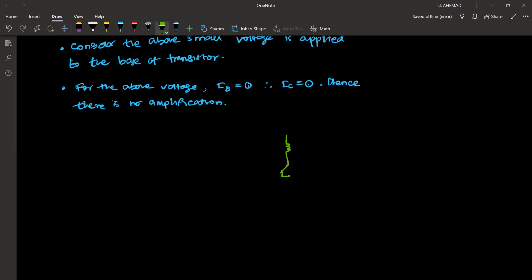This is my transistor. From this supply, we are giving a small voltage to VB.